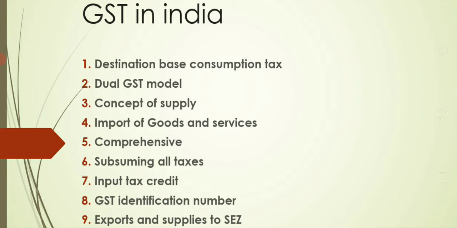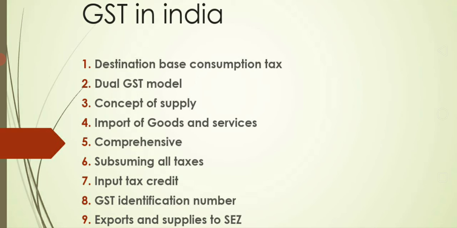The GST is applicable to all goods other than alcohol, liquor for human consumption, and five petroleum products like petroleum crude, motor spirit, high speed diesel, natural gas and aviation turbine fuel. It is also applicable to all services except a few to be mentioned in a negative list.